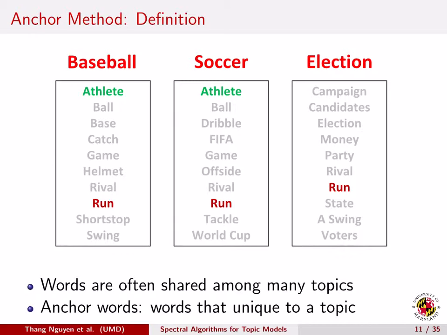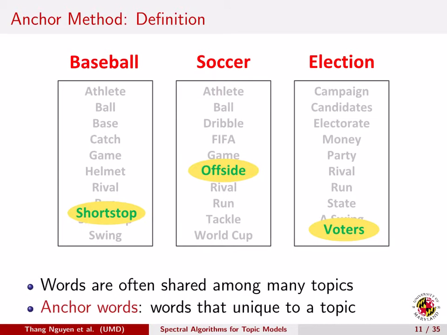The great idea of the anchor algorithm is that it finds so-called anchor words that are unique to a topic. So if you see the word shortstop, you know almost certainly that you're talking about baseball. If you see the word offside, you know almost certainly that you're talking about soccer. If you see the word voters, that means that you're almost certainly talking about elections.